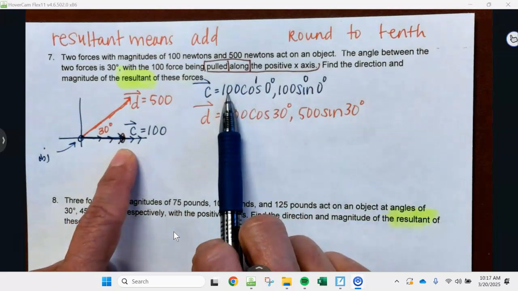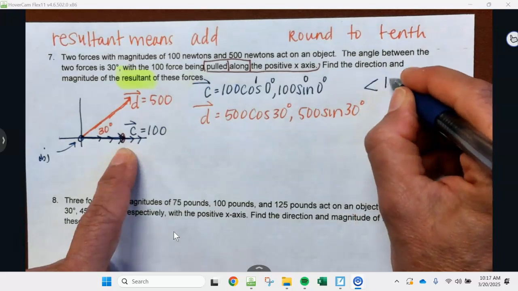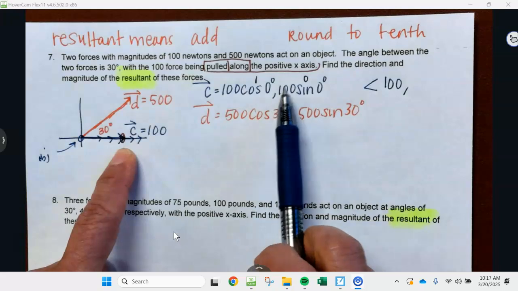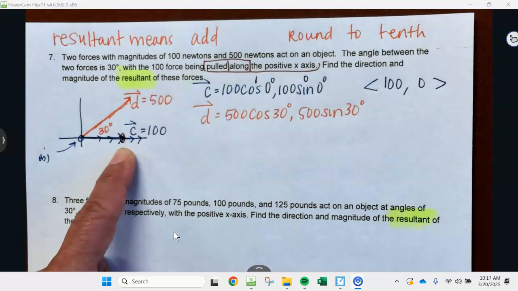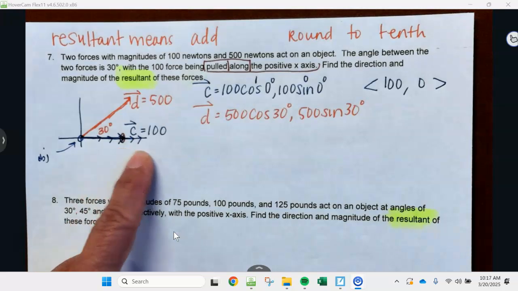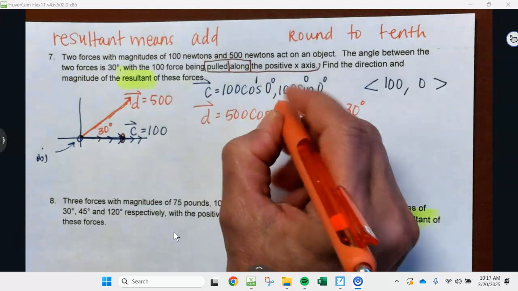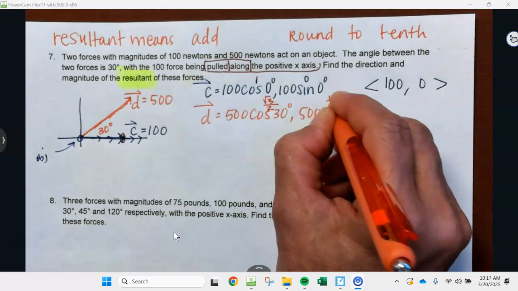So 100 times 1 is the first component for vector C. 100 times 0 is the second component for vector C. Now remember, vector D is at 30 degrees, and that is going to be root 3 over 2 and 1/2.